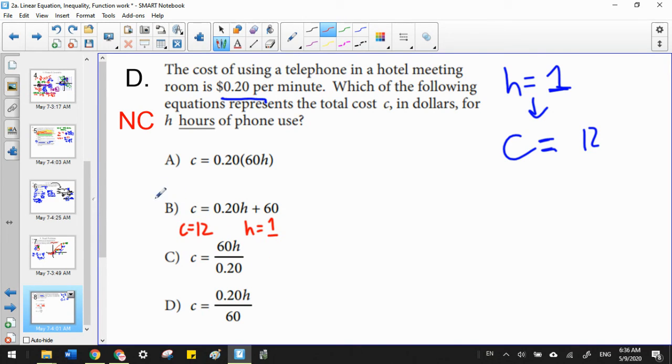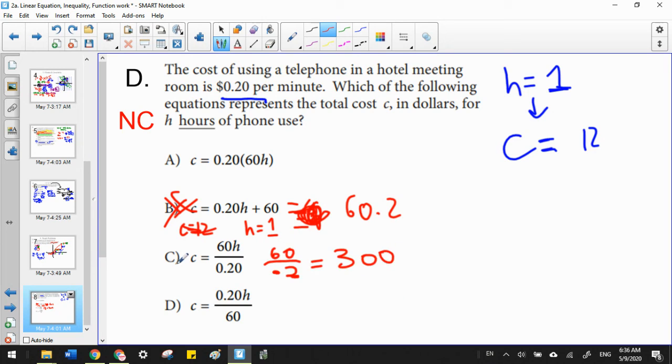And the truth is, when we look at B, plug in 1, that's 0.2 plus 60, that's 60.2. So that's a garbage answer. Let's do this one. 60 times 1 is 60. Divided by 0.2 is going to equal 300.